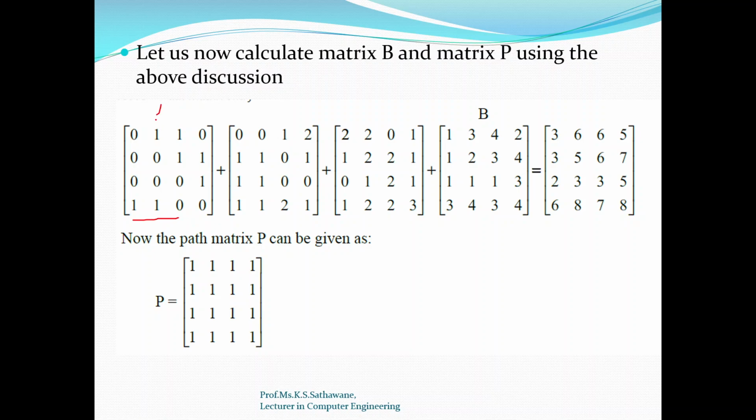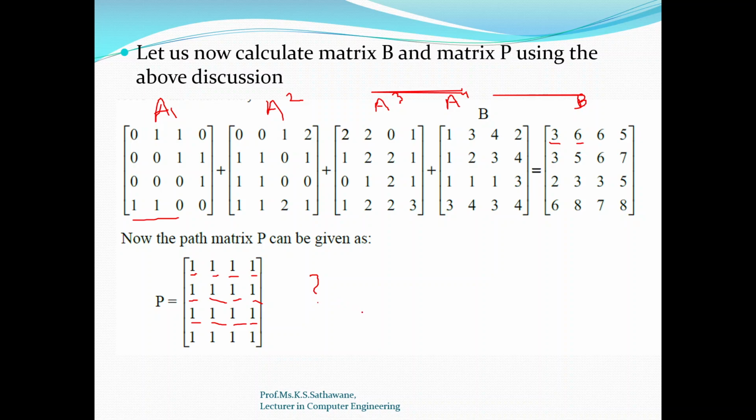This is A1, this is A2, A square, A cube and A raised to 4. So we will get a B matrix here. Now for every non-zero value we put 1 in the corresponding path matrix. If you can see, all the values are non-zero, so all the values in the path matrix will be 1. What does this conclude?